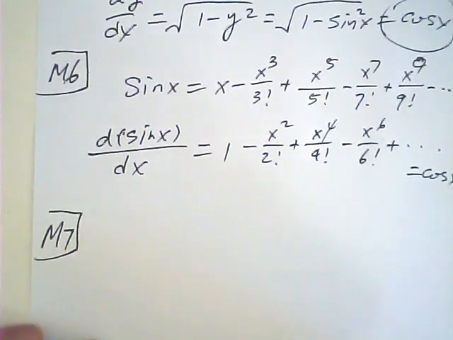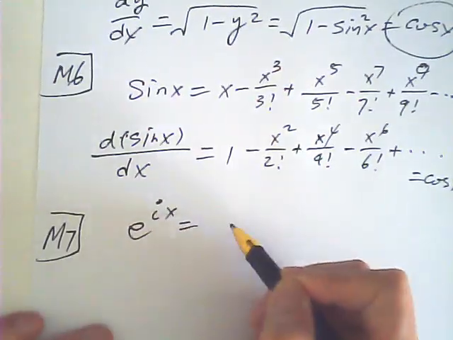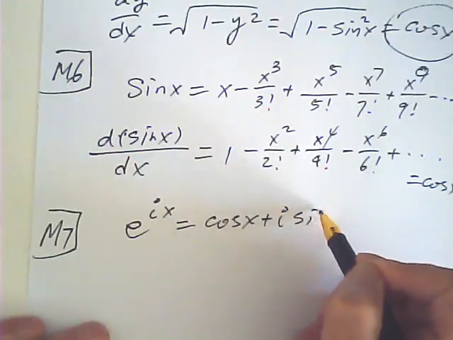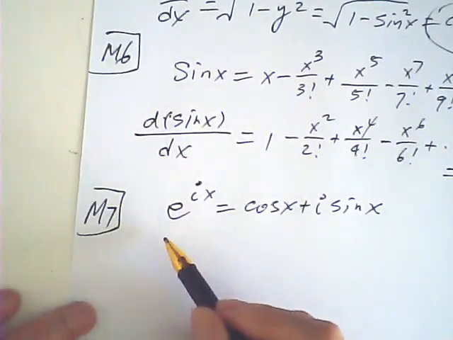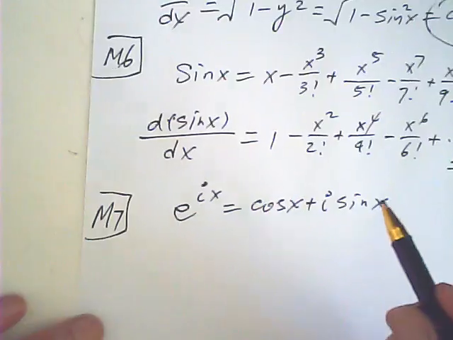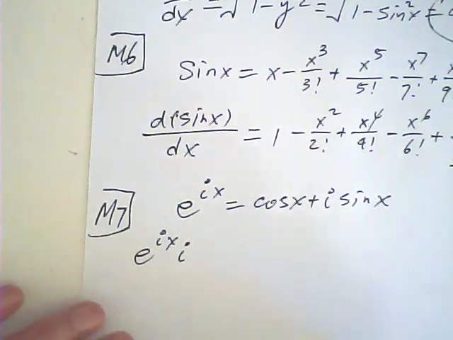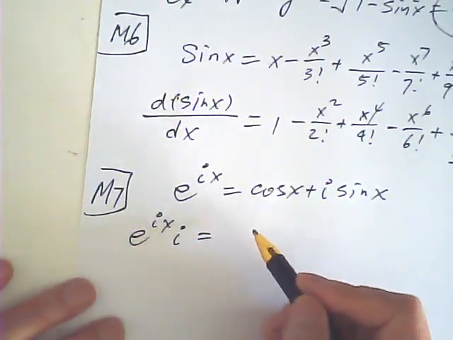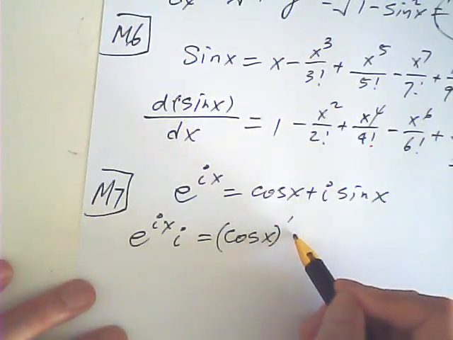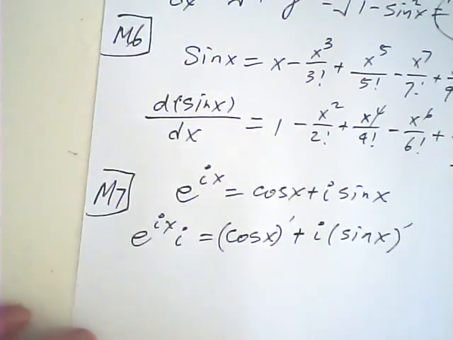This is 7. Seventh proof, the complex number, right? e to the ix is equal to cosine x plus i sine x. And you take both sides and differentiate with respect to x. The left side is i times e to the ix. So this means the cosine derivative plus i times the sine x derivative, right?